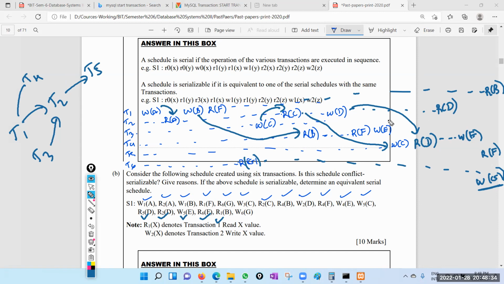Once we mention that dependency, that is enough. What else? So this is also read D, but that is read. No issue, right? Because this is read D, this is also read D. This is same transaction. Read D to write E. Write 6C.